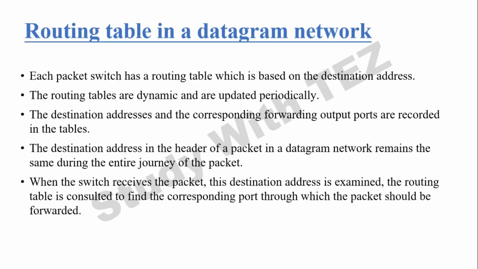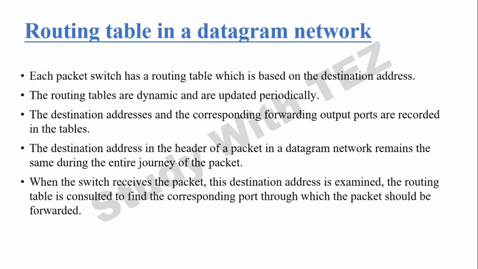So, what is the routing table in the switch of the datagram network? Each switch has a routing table depending on the destination address. These routing tables are dynamically updated periodically. The destination address and the corresponding forwarding output ports are recorded in these tables.